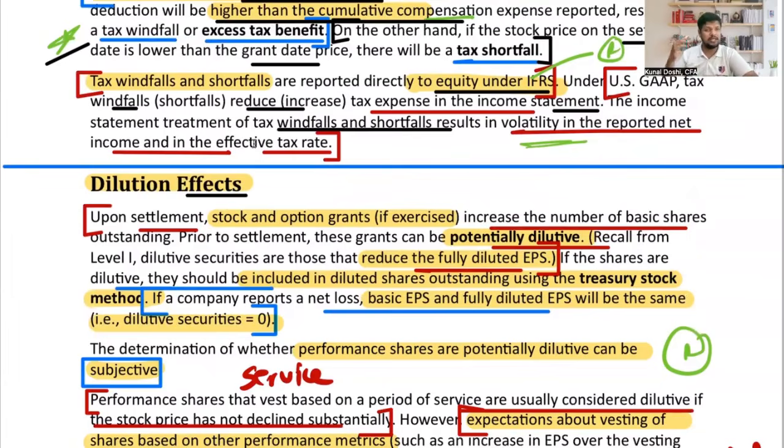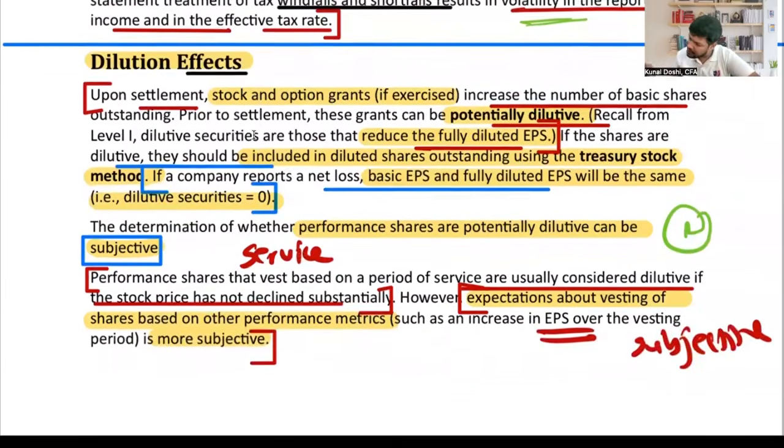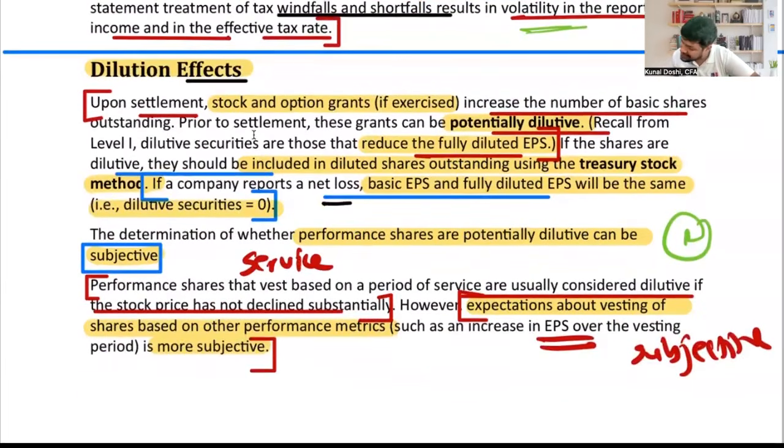That is called dilution, isn't it? So these are potentially dilutive securities. Clear? So if a company reports a net loss, then there is no dilution. Dilution will generally happen when the company's share price is expected to go up, in that case there will be dilution.